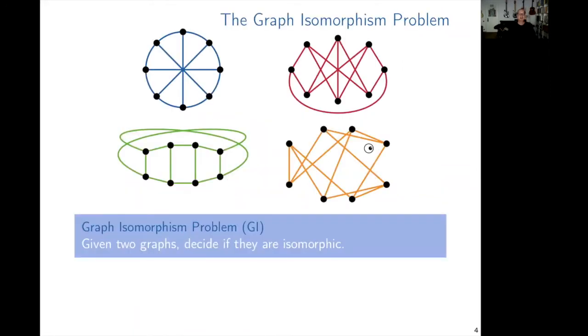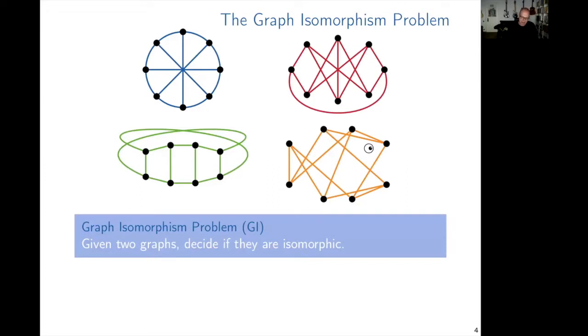Okay, graph isomorphism. The graph isomorphism problem is to decide if two given graphs are isomorphic. You can look at these four graphs, and I suggest you take a screenshot now. When my talk gets too boring, you can figure out which of these are isomorphic and try to find isomorphisms between them.